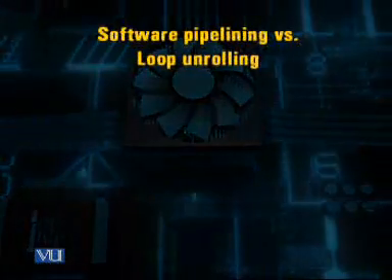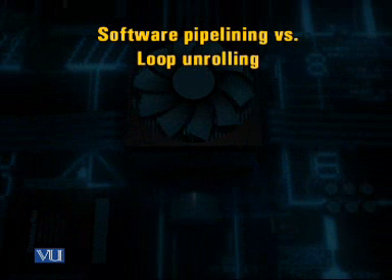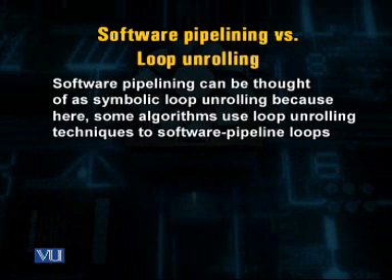let us compare the performance of software pipelining with respect to loop unrolling. Software pipelining can be thought of as symbolic loop unrolling, because some algorithms use the loop unrolling technique to software pipeline the loops.